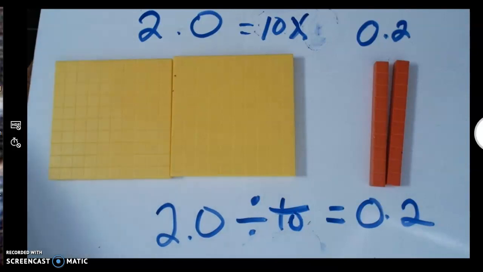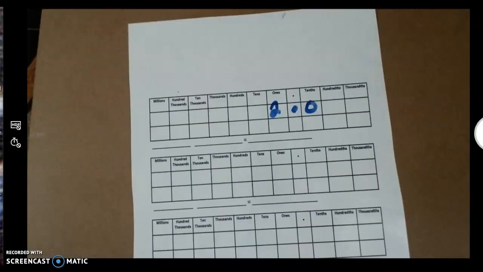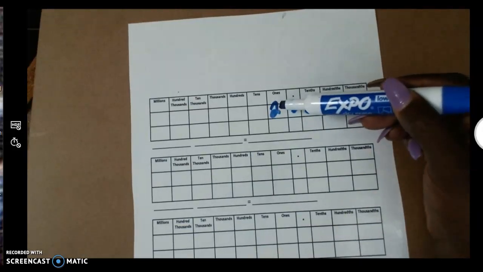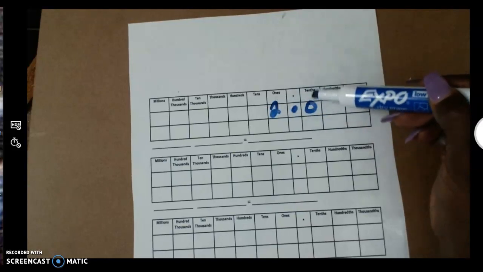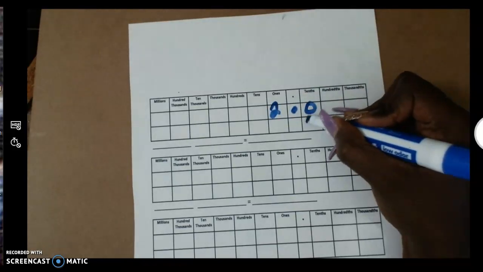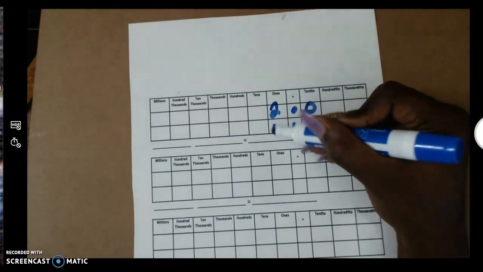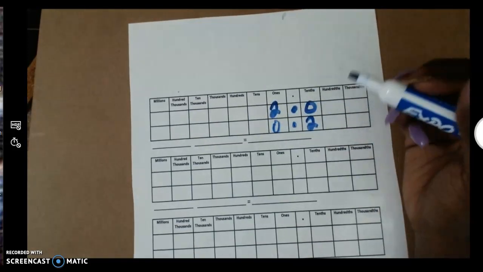Okay, so now we have moved from our base 10 blocks to our place value chart. Here we are given the 2.0. The 2 is in the ones place. When I shift over and put the 2 in the tenths place, I have decreased by 1 power of 10, or divided by 10.